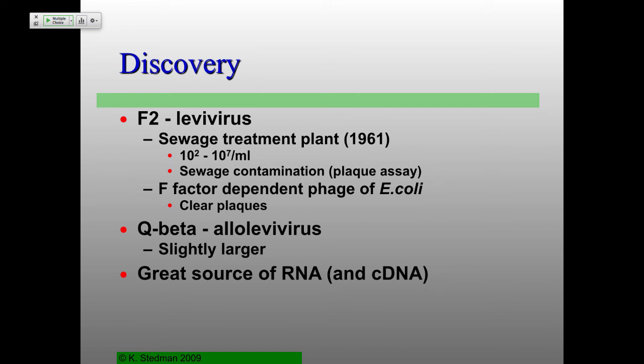You can get massive amounts of really pure, defined RNA just by growing a bacterial culture and infecting it with one of these viruses. You end up with a ton of RNA. If you're interested in trying to figure out the genetic code from RNA, or in looking at translation from RNA, this is a really good source of that particular genetic material.